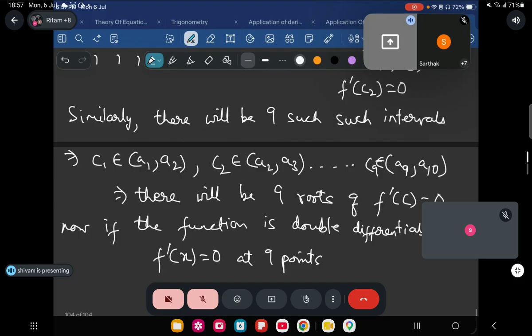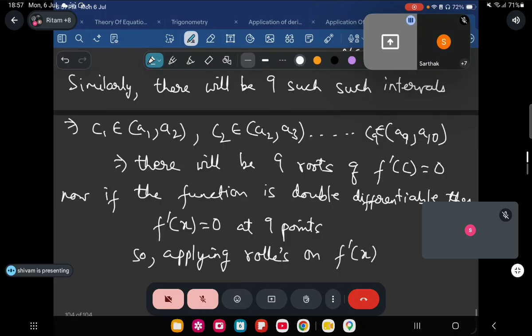So applying Rolle on f dash x, what can we say? f double dash x is equal to 0 in at least how many points? 8 points.